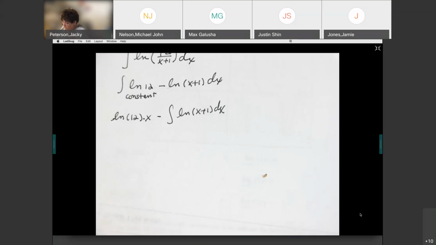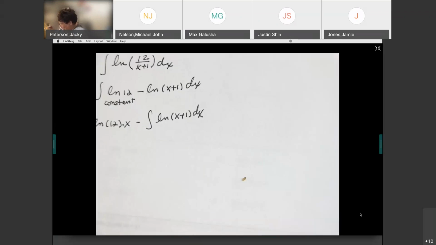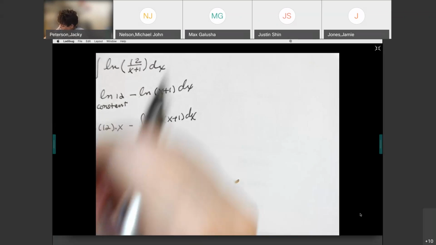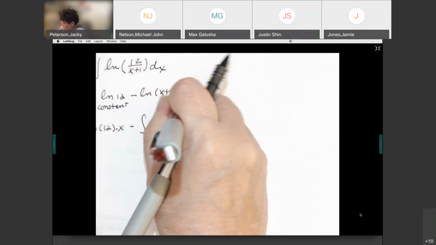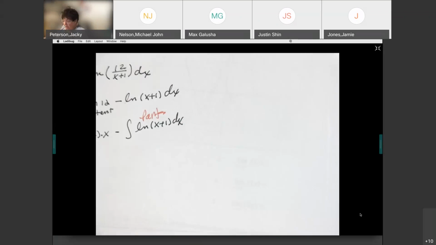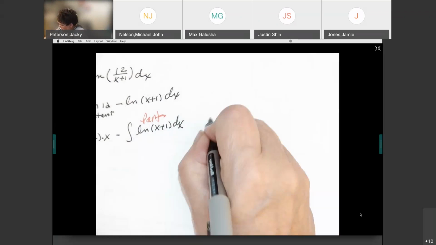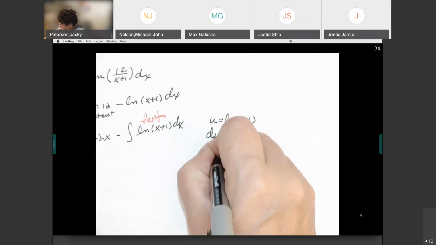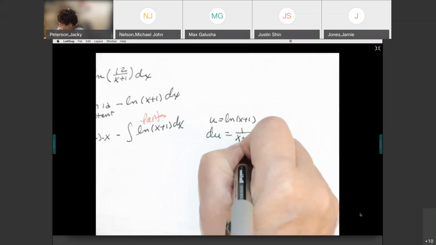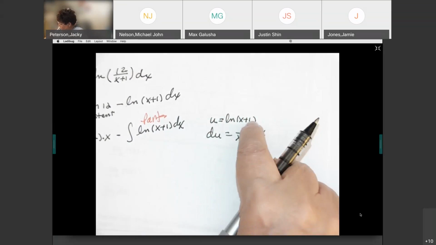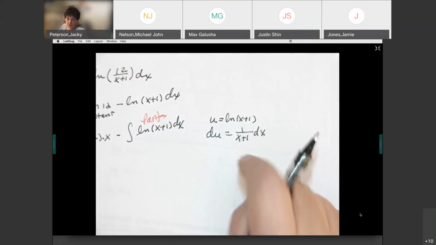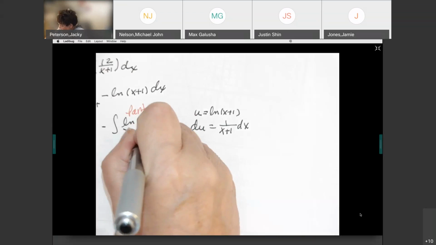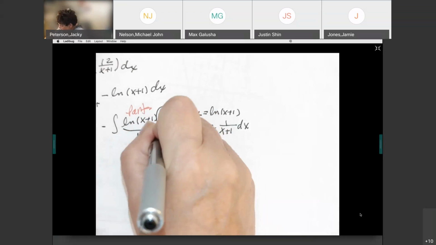Because this is what happens. I look at this, it has to be parts, because I don't know how to integrate natural log other than by parts. And I have to kill it. Because 1 over x plus 1, the derivative of x plus 1 is just 1. That means if this is u, then this thing has to be dv.